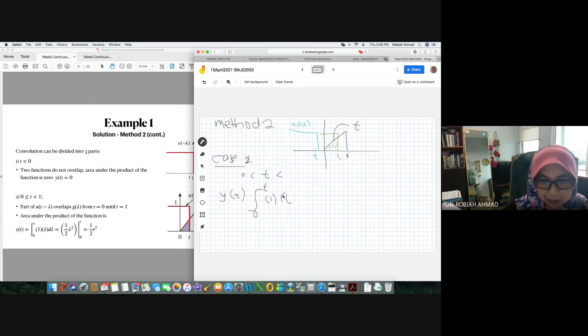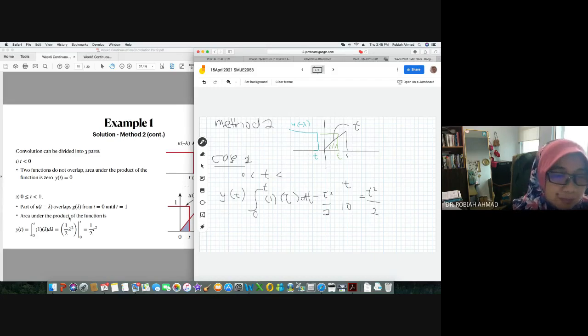Okay, d tau. So it will be tau square over 2. Okay, tau square over 2. T tau, already changed. Tau. So for 0 to T, we get T square over 2.